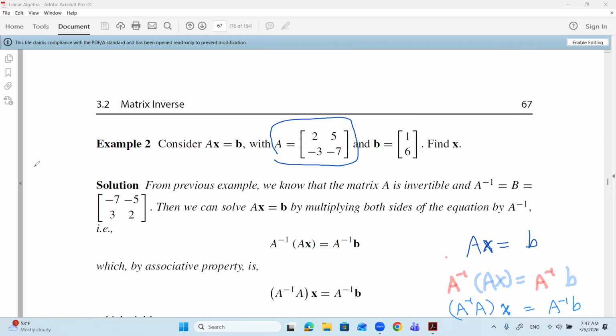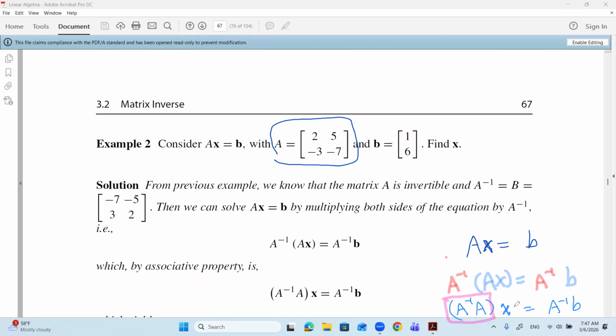So what is A inverse times A? Suppose A has an inverse. Then that would be the identity matrix of the same size.